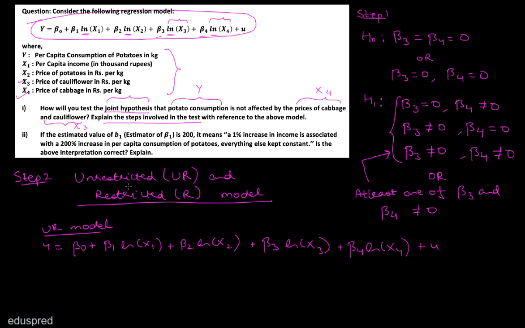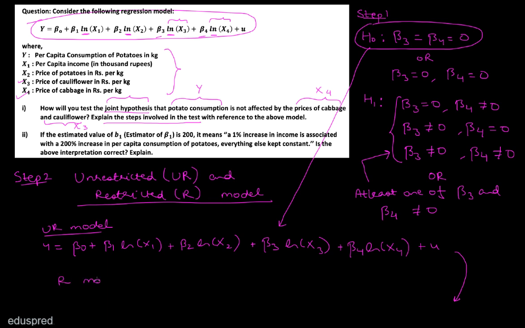Now how do we go from the unrestricted model to the restricted model? Well, to go from unrestricted to restricted, we have to put the restrictions that are there under the null hypothesis in the unrestricted model. When we do that, the model that we get in return is what we call the restricted model.